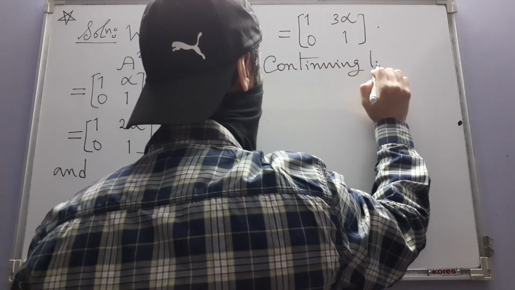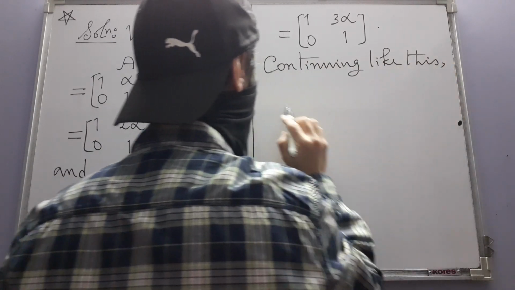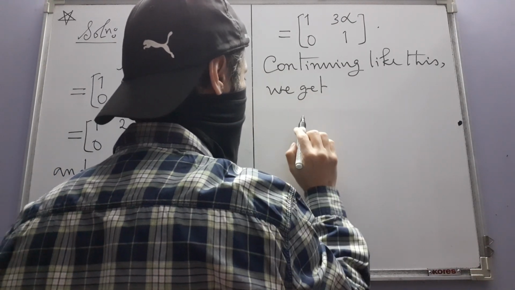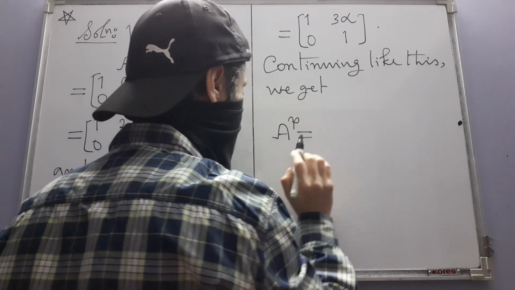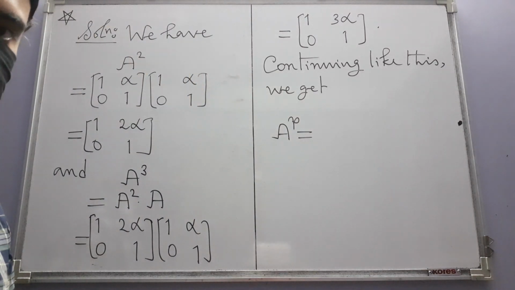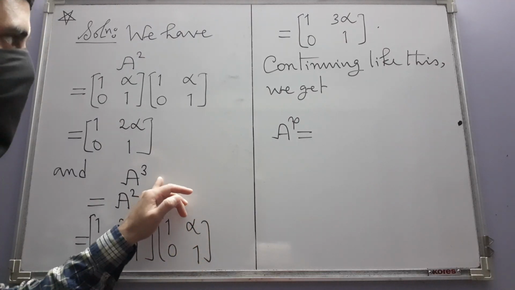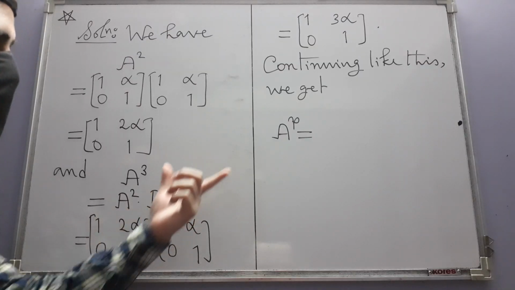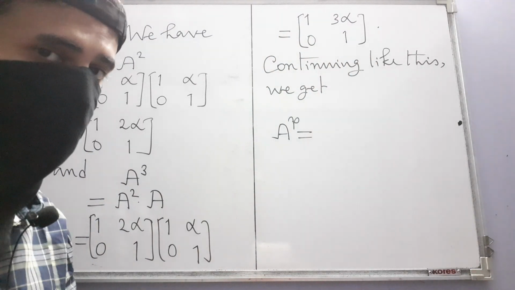Continuing like this, we get A to the power t. So if this pattern persists, which it will, if you calculate the fourth power, you will see, because now you not only see what the pattern is, but you also know how the pattern has come.